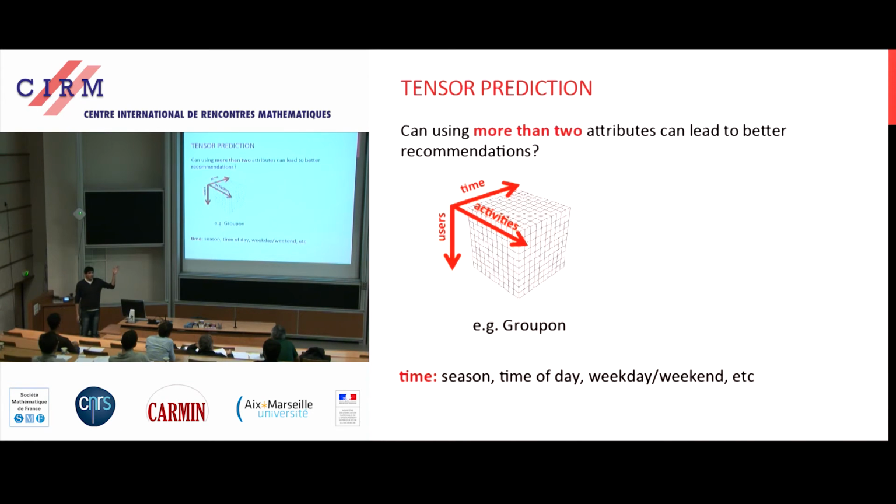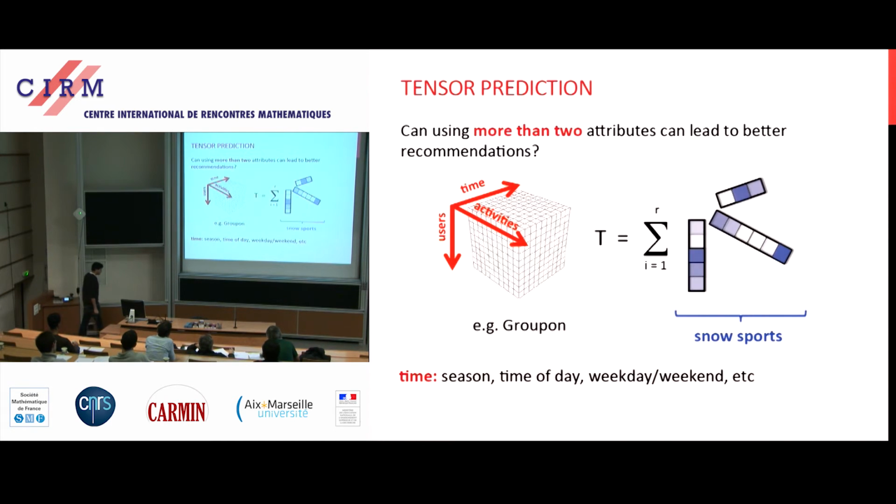And the same way we can think about our actual observations as coming from a third-order tensor, whatever you want, but the fact that it should have a somewhat low-rank structure owes to the same types of thought experiments as before. One of the categories could be something like snow sports or other sorts of time-dependent activities, where now you have the outer product between 3 different vectors, one of which has an entry for each user, one of which has an entry for each activity, and one of which has an entry for each different time period.